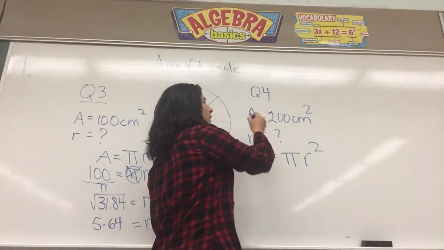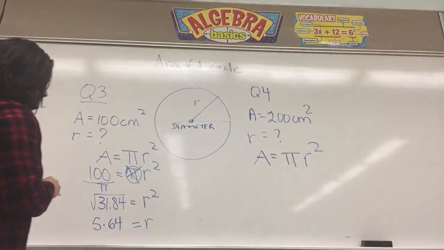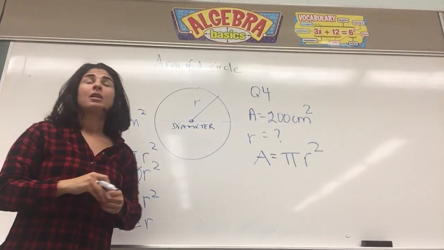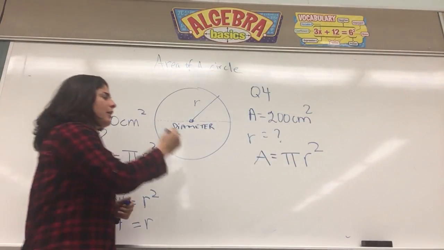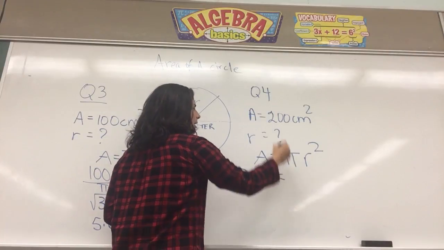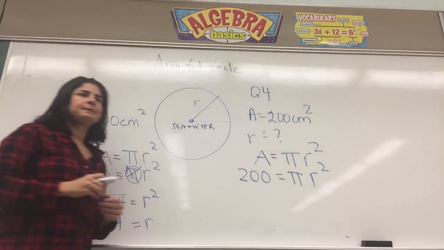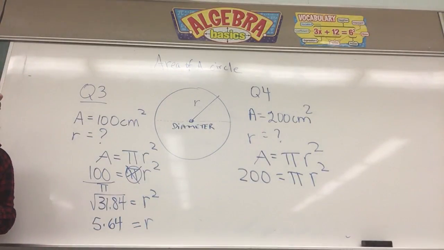Area. We have 200 area. Oh, I gave you this. Yes, okay. I gave you the area. So area is equal to 200. And I don't know radius. How do I get radius by itself?